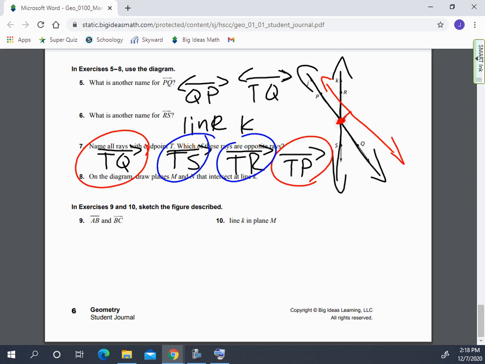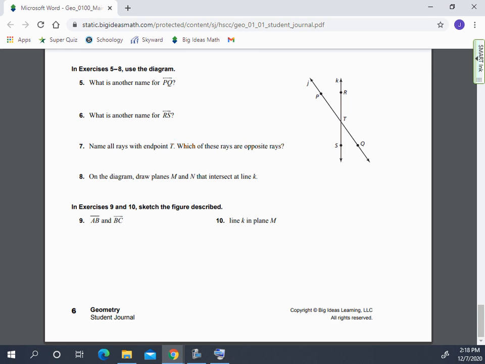On the diagram, draw planes M and N that intersect at line K. Drawing got a little messy. I'm just going to erase all of this. Okay, number 8 says on the diagram, draw planes M and N that intersect at line K. So we have to draw a plane that intersects this line.